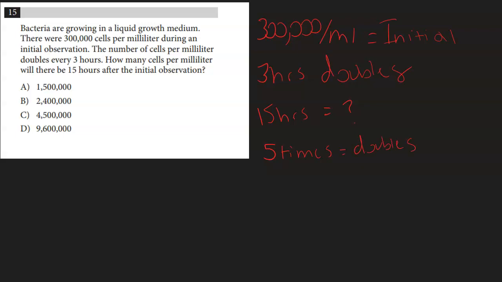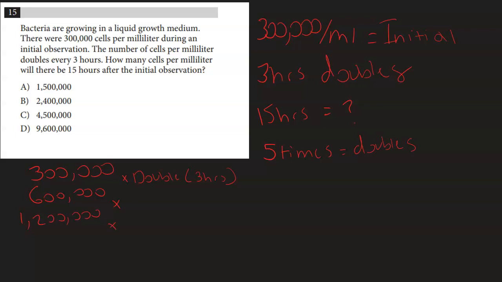So if we write this out, we start with that initial 300,000. And it's going to double once, or if you let it count it in hours. First one's going to be 600,000. Then it's going to do it again to 1.2 million.